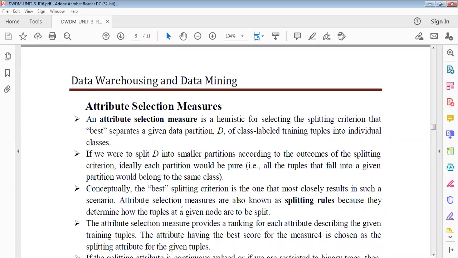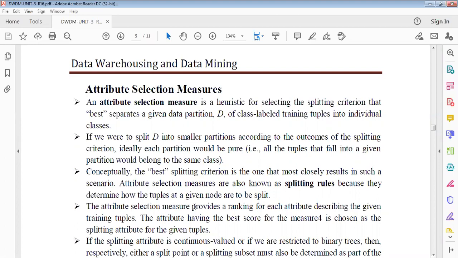The attribute selection methods are also known as splitting rules because they determine how the tuples at a given node are to be split. The attribute selection method provides a ranking for each attribute describing the given training tuples.